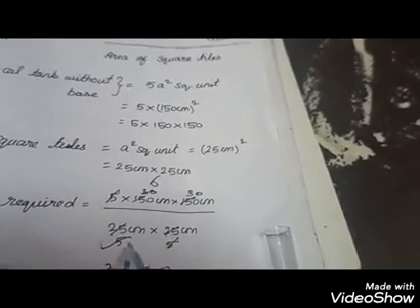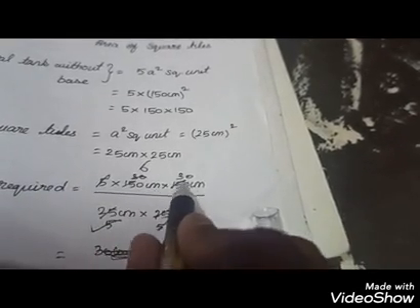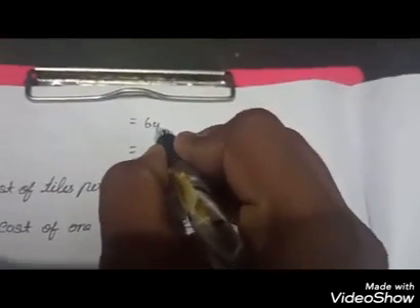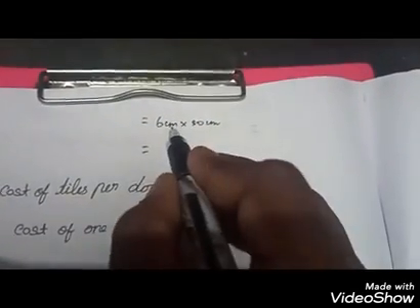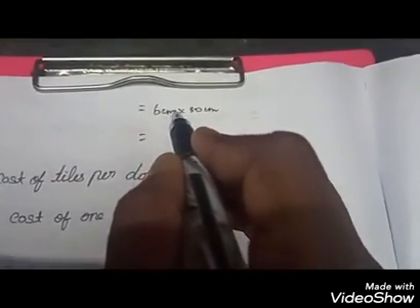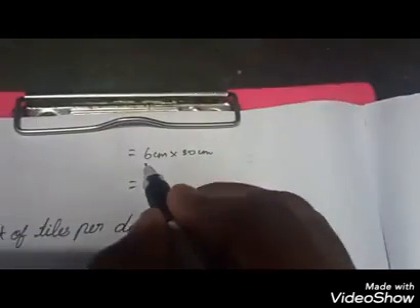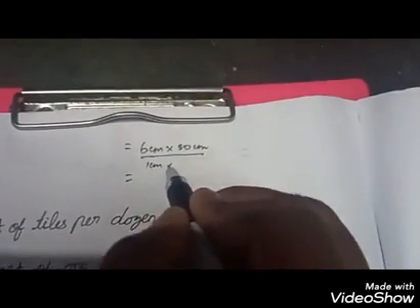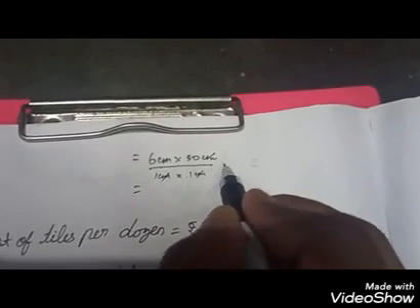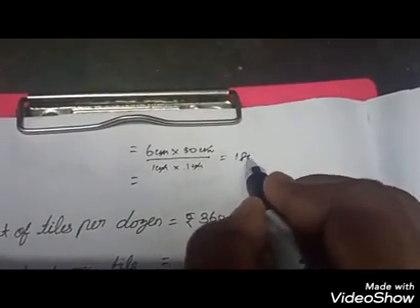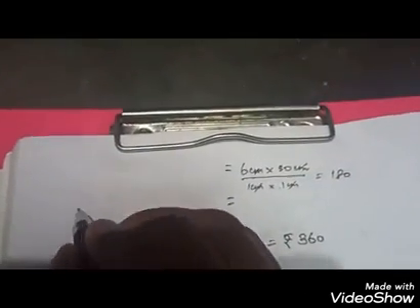Now in the denominator there is no value left. The remaining value is 6 centimeter into 30 centimeter, divided by 1 centimeter into 1 centimeter. The centimeters cancel, so 1 into 1 we get. 6 30s are 180 tiles.